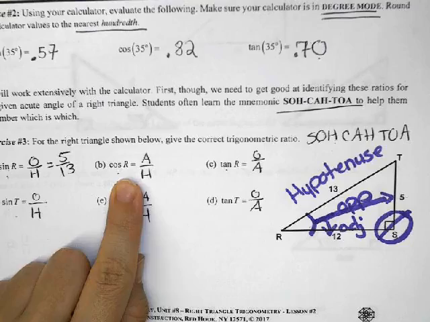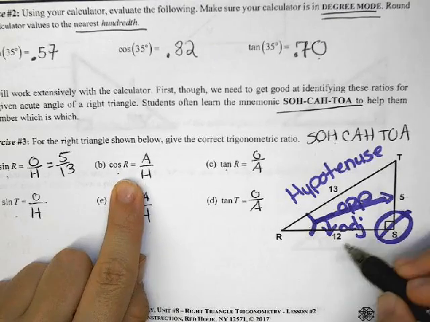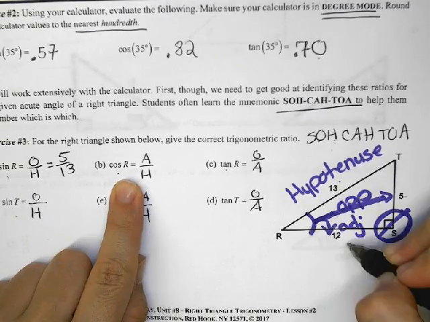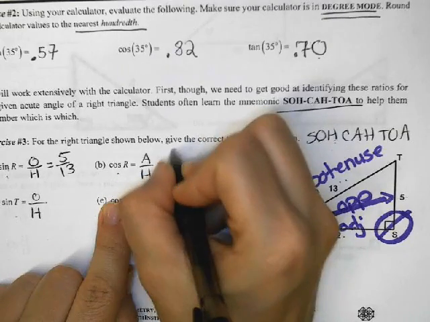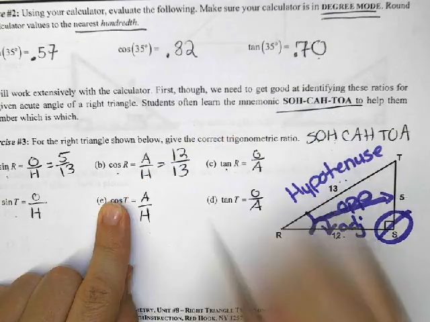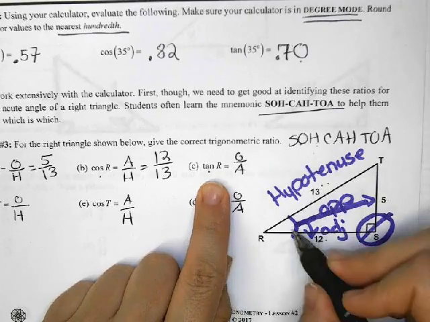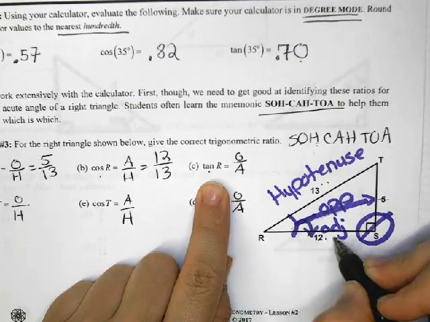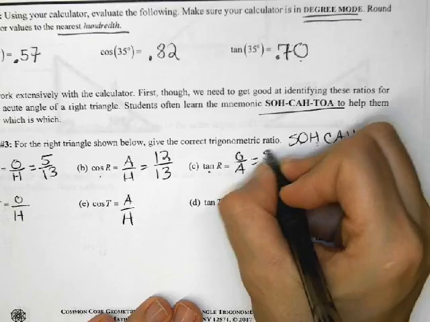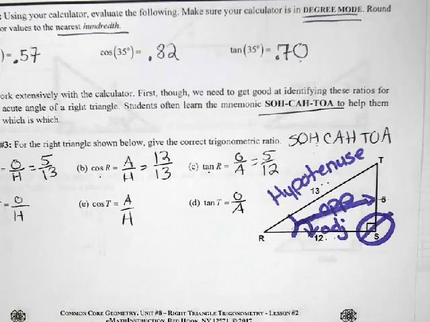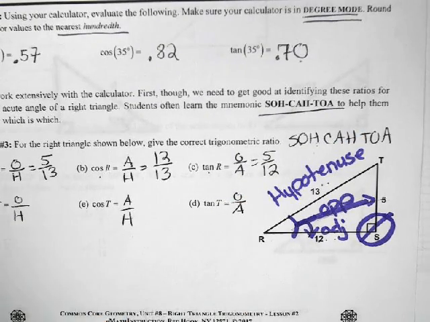What is cosine? What over what? 12 over 13, the adjacent over the hypotenuse. And tangent. Opposite over adjacent. Yep, 5 over 12. Thanks, Lexi. Okay, so that's according to angle R.